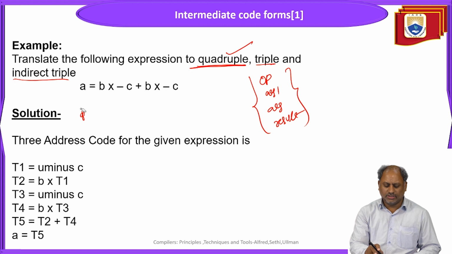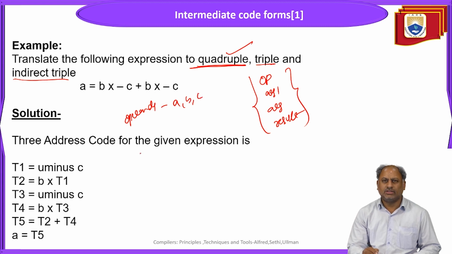How many operands are there? There will be operands A, B, C. Operands: 1, 2, 3, 4, 5. The operators are into, minus, plus, into.